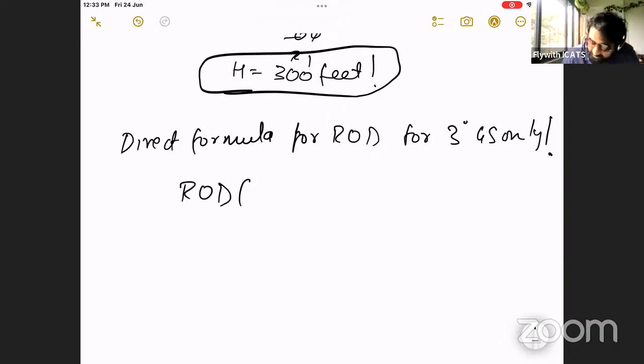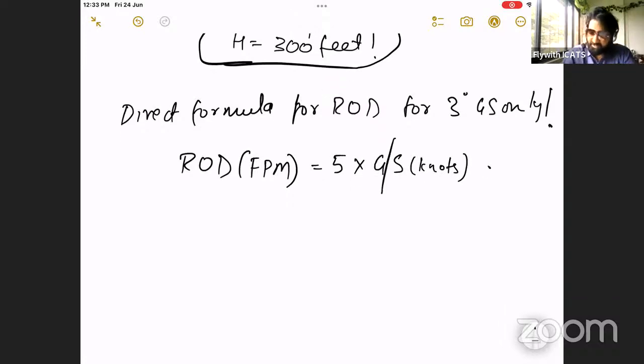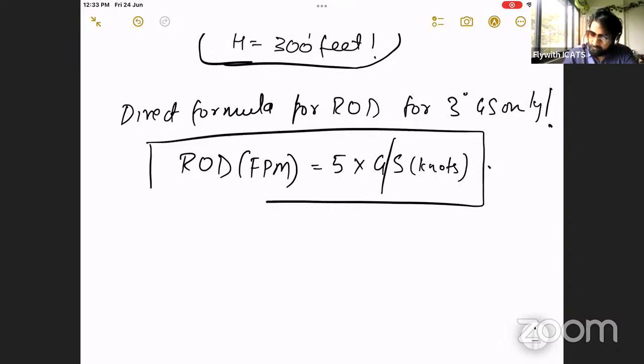So rate of descent in feet per minute is equal to pi into ground speed in knots. Simple. This is the direct formula.